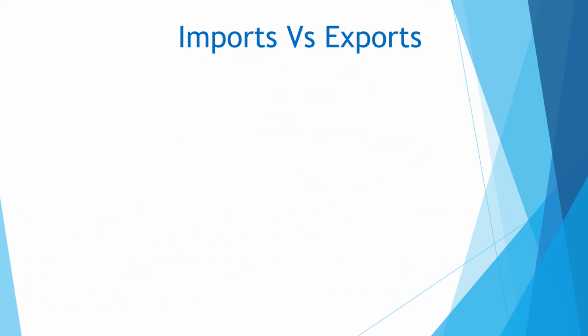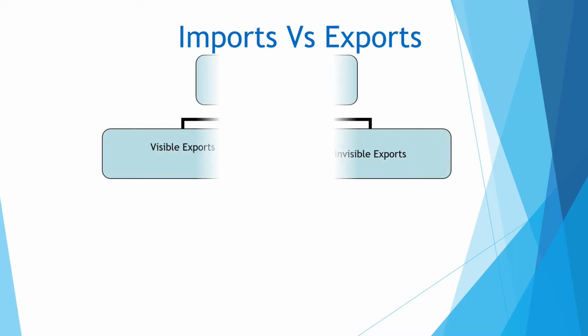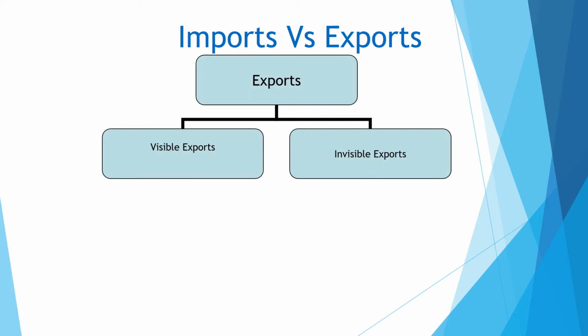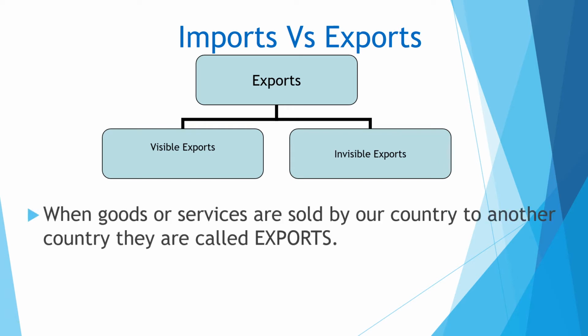As we've discussed imports, now let's look at exports. Exports are divided into visible exports and invisible exports. When goods or services are sold by our country to another country, they are called exports.